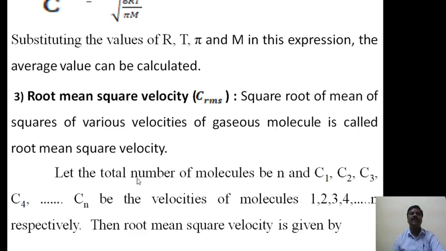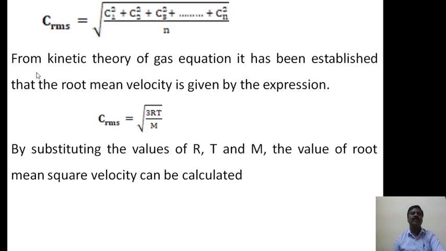For that, let the total number of molecules be n, and C1, C2, C3 up to Cn be the velocities of molecules 1, 2, 3, 4 up to n respectively. Then root mean square velocity is given by C_RMS equal to square root of C1 square plus C2 square plus C3 square up to Cn square divided by total number of molecules n.